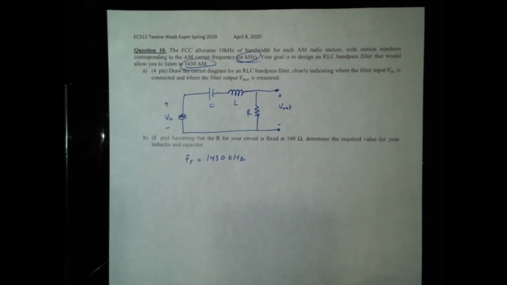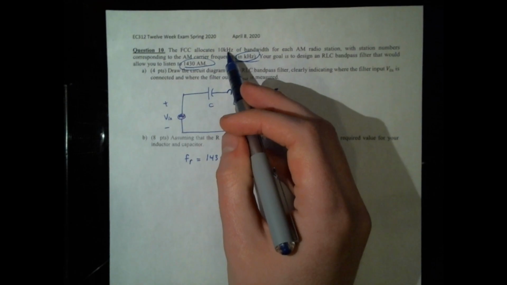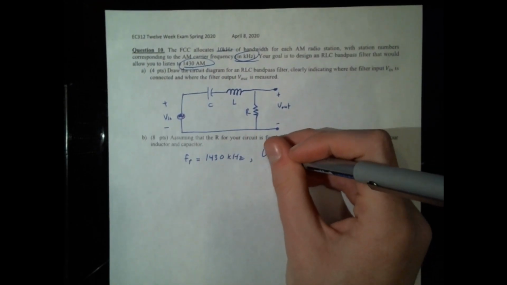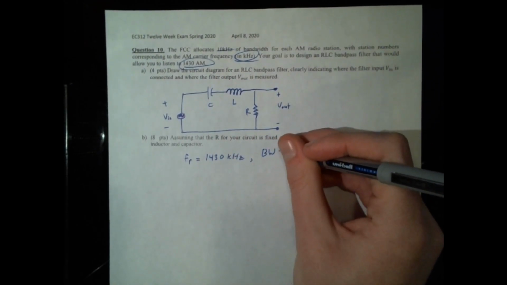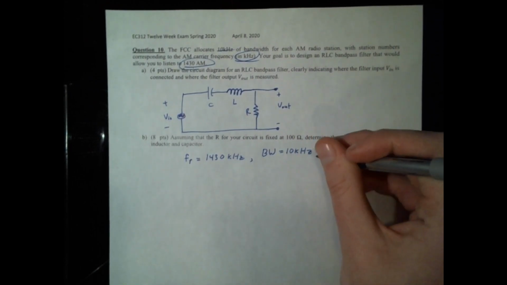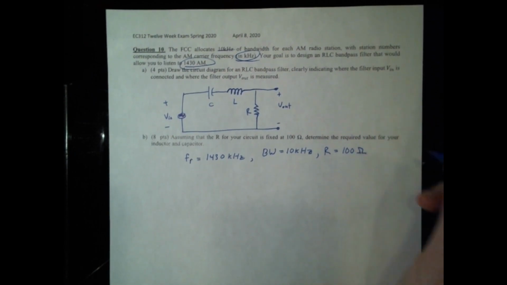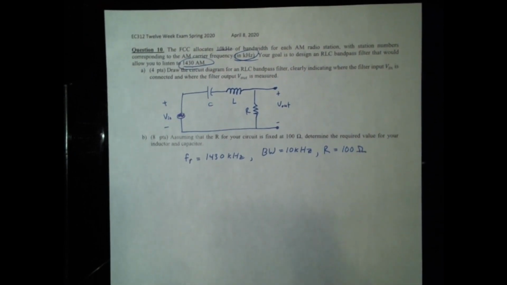We know that we're allocated 10 kilohertz of bandwidth, so our bandwidth for the filter circuit is going to be 10 kilohertz. And then we're given our value of R, which is 100 ohms. That's what we have to start with.